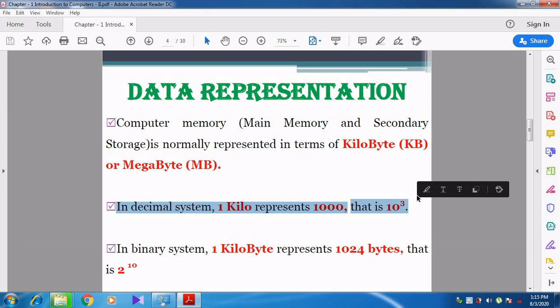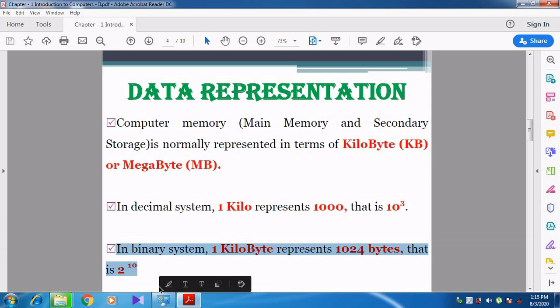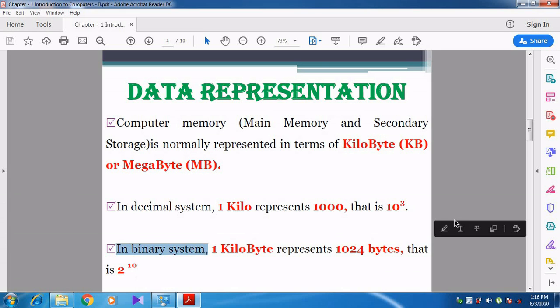But in the binary system of a computer, 1 kilobyte represents 1024 bytes, that is 2 to the power of 10. We discussed this in the last video. Now we are going to discuss the memory sizes.